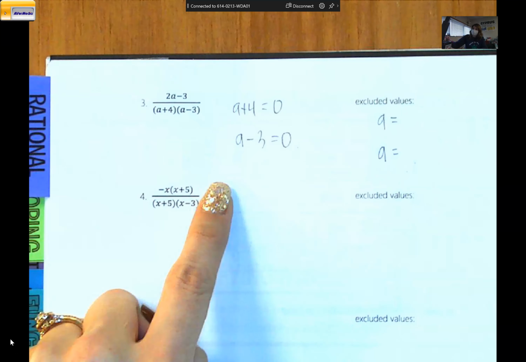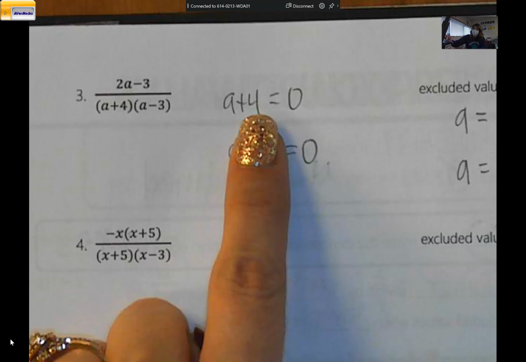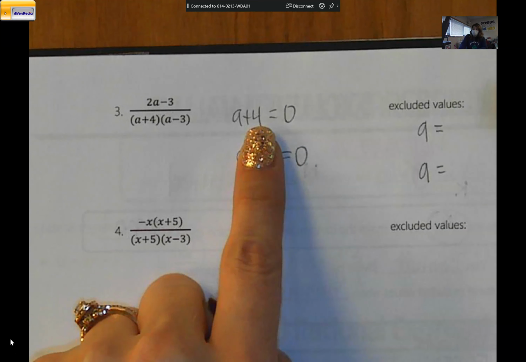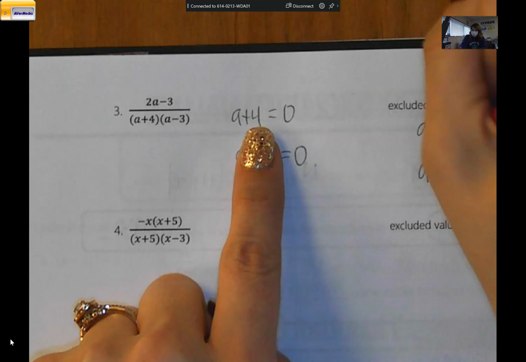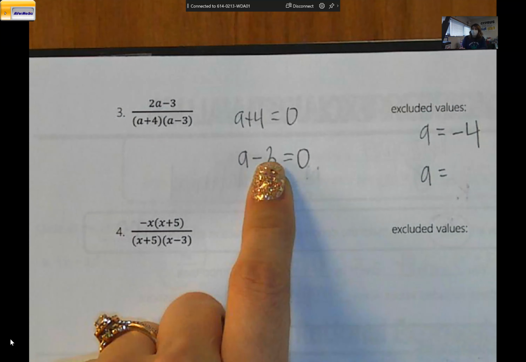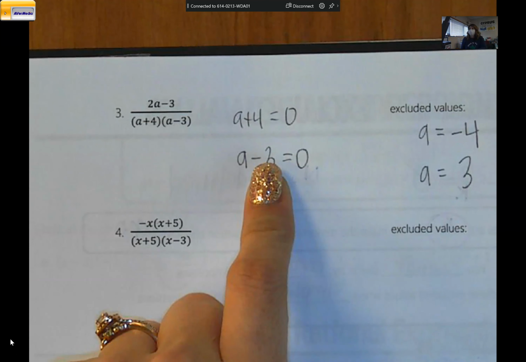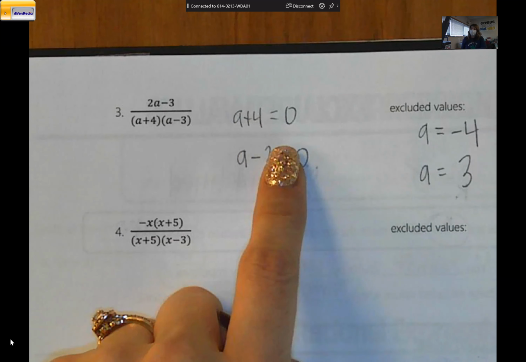Well, based on what we just said, it's the opposite of what we see. So a plus 4 would be an excluded value of negative 4. And a minus 3 would be an excluded value of 3. So it's the opposite of what you see.